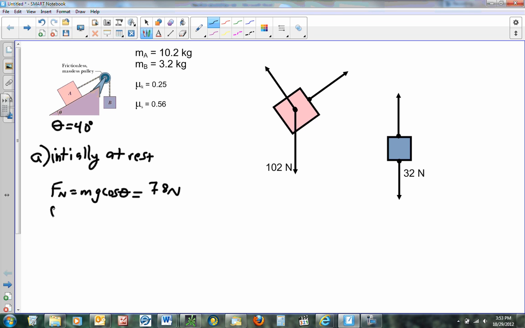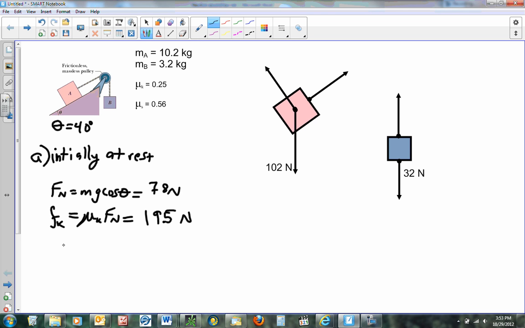We know that the force of kinetic friction isn't going to change. That's going to be mu k times the normal force. If you take 0.25 times 78, you're going to get 19.5. That won't change. The direction will change, but the amount of friction will not change.